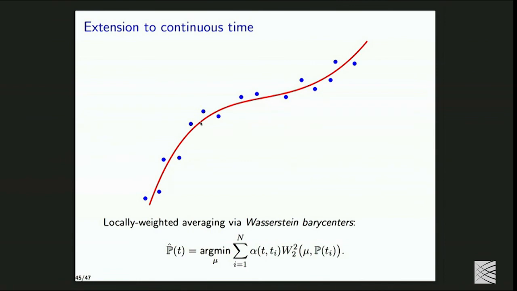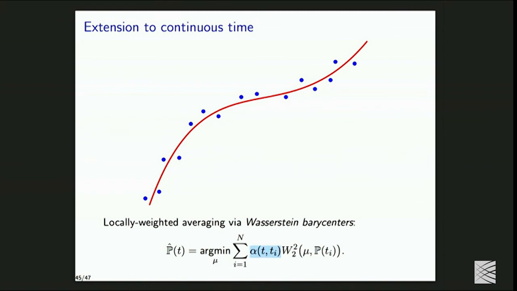So now how can we do this for distributions? Well, the center of mass for distributions, as was defined in the primer, is called the Wasserstein barycenter, and it's the distribution mu that minimizes the optimal transport distance to all of the nearby data points, with given weights.